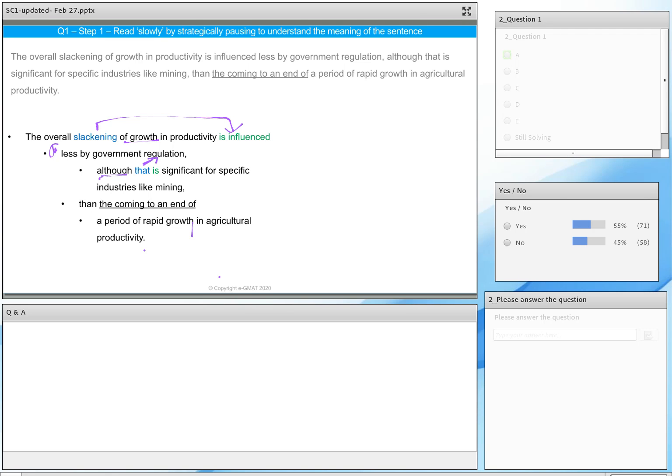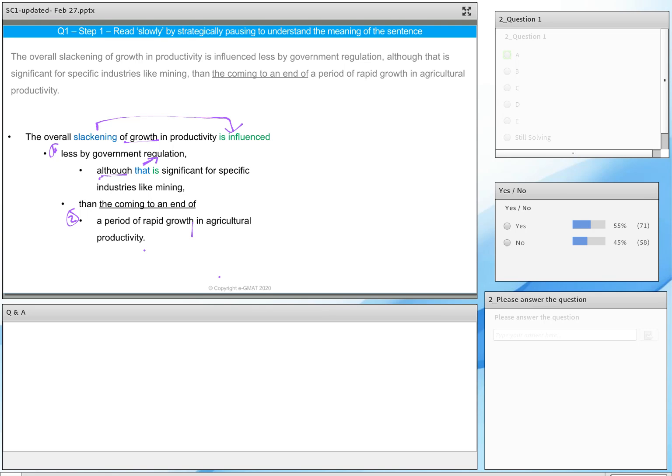Then "the coming to an end of a period of rapid growth in agriculture productivity." So this is my second piece, that this coming to an end of a period in agriculture productivity. Okay, so now that I have worked my way through this sentence, I now have these two reasons why the slackening of growth, or how the slackening of growth is influenced.